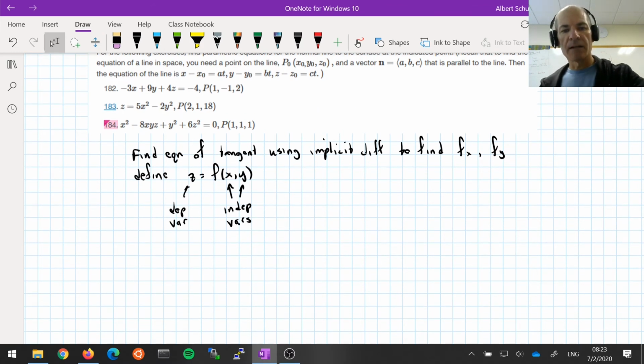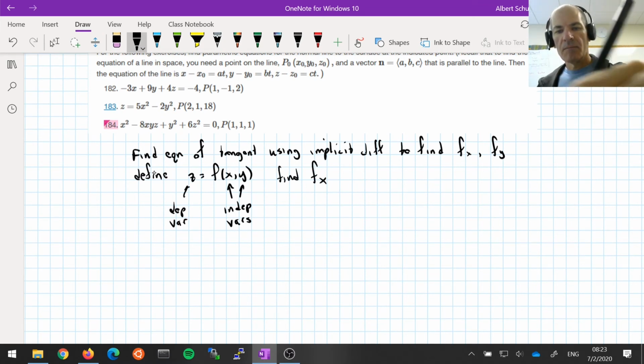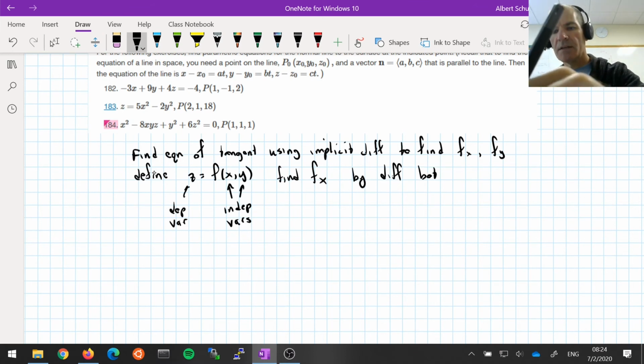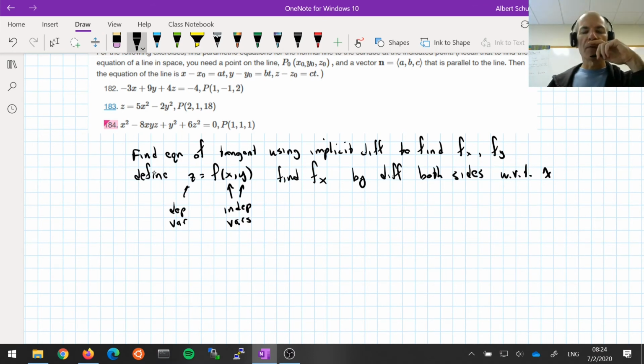So we can find f sub x by differentiating both sides of the equation with respect to x.